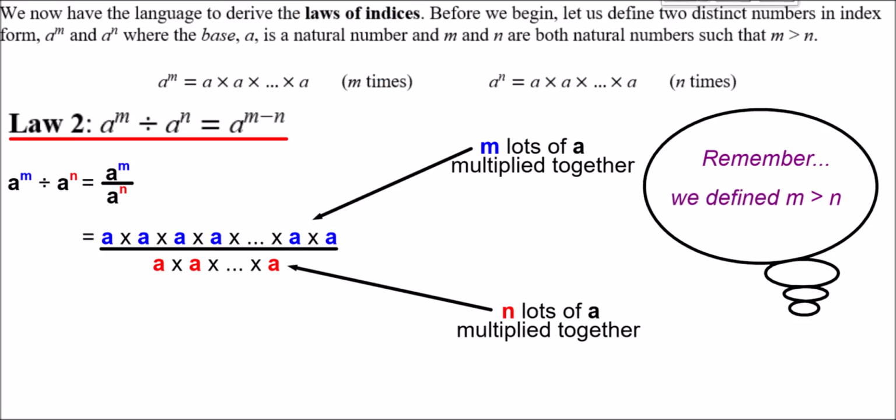So let's do this down here. And so we could cancel off a certain number of a's on the top and the bottom. Let's just say I'm going to cancel these. I'm going to colour code what I've cancelled off in yellow.